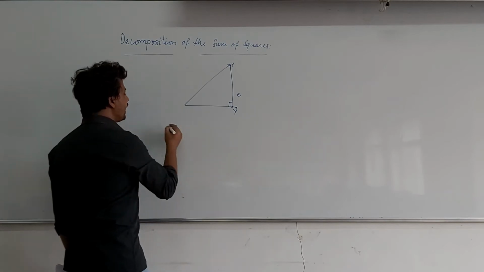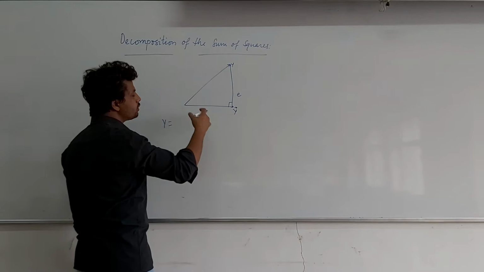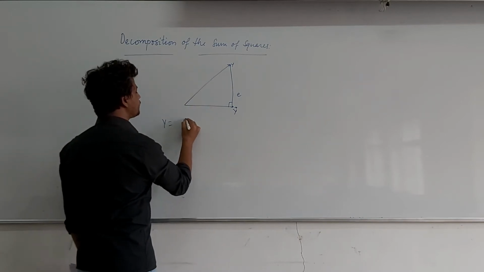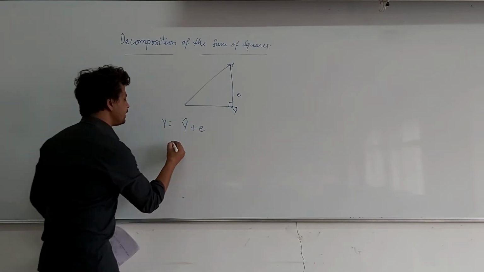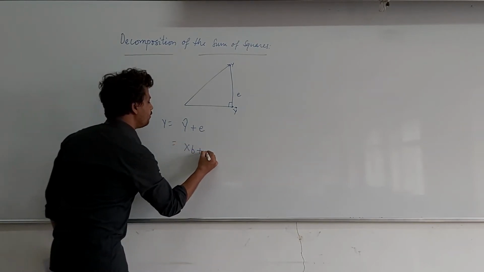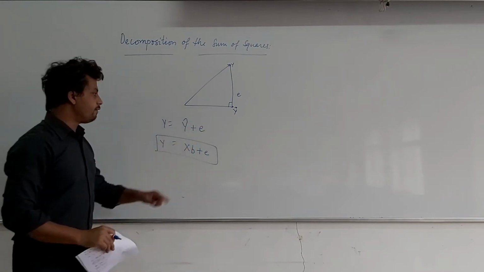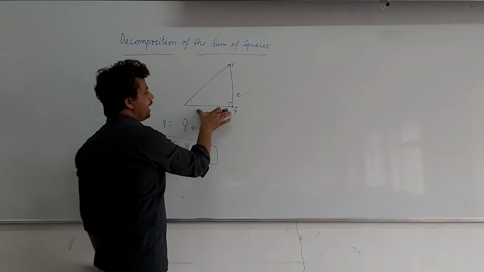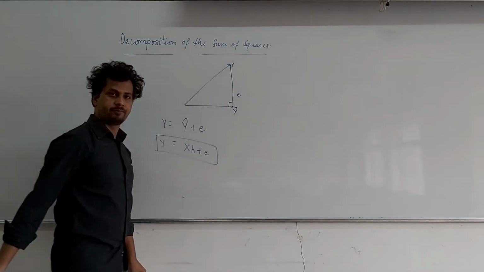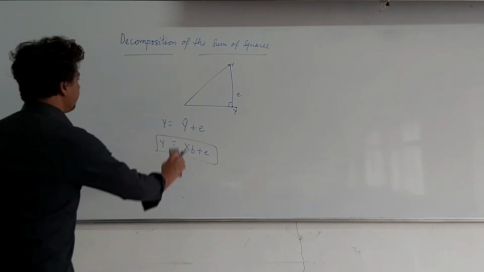So y can be decomposed into two parts and written as y hat plus e, where y hat is nothing but this term Xb, plus e. And why am I able to write this? Because I have a 90-degree angle between the y hat vector and the residual vector. Understand this point and let's move ahead.